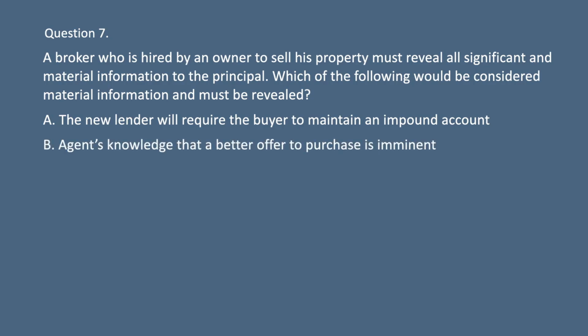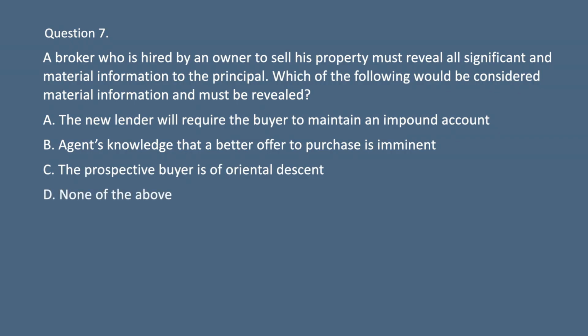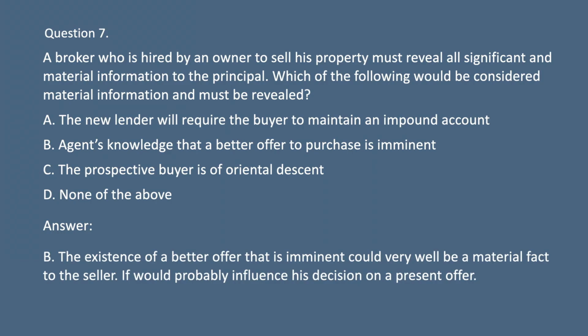B. Agent's knowledge that a better offer to purchase is imminent. C. The prospective buyer is of Oriental descent. D. None of the above. Answer: B. The existence of a better offer that is imminent could very well be a material fact to the seller. It would probably influence his decision on a present offer.